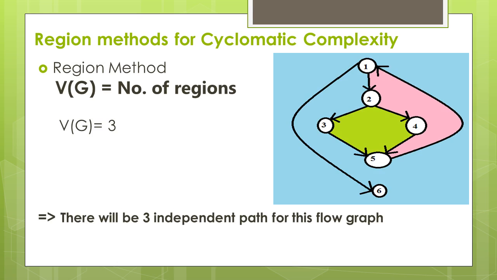If we use a color scheme to count the regions, we can easily count 3 different colors showing the 3 different regions. Again, for the same example, the cyclomatic complexity is 3, meaning there will be 3 independent paths for this flow graph. We can create 3 test cases with respect to these 3 independent paths if we are using basis path testing.